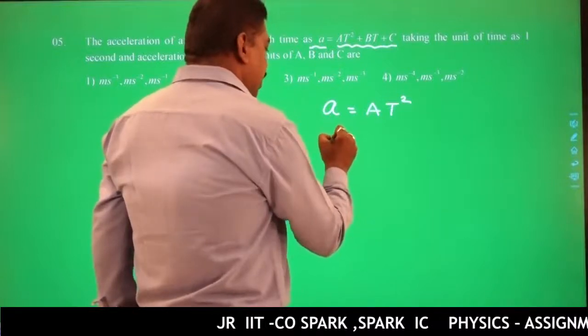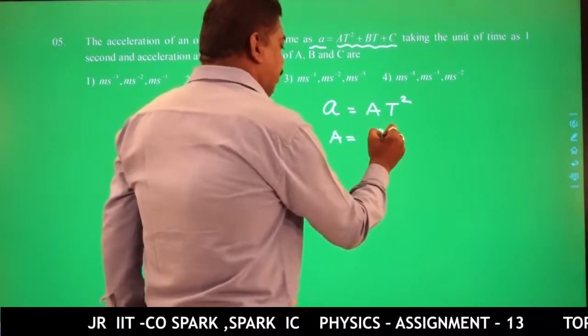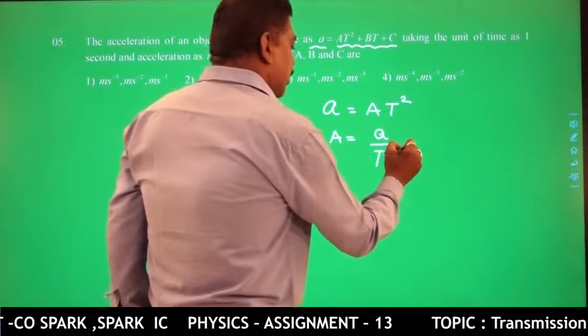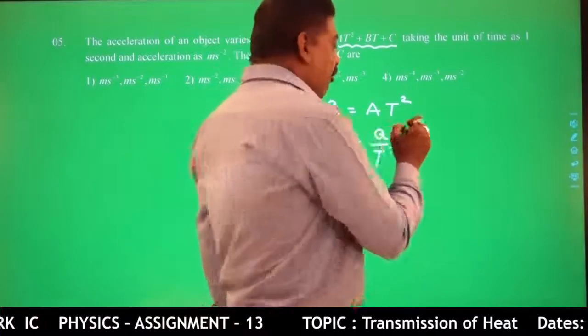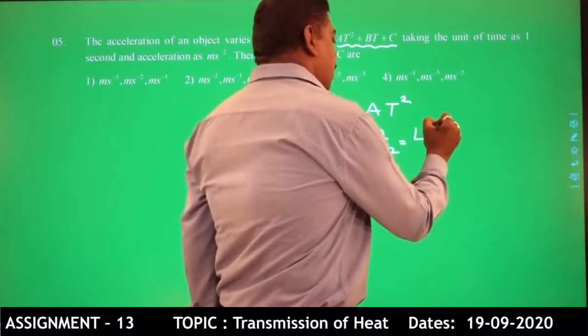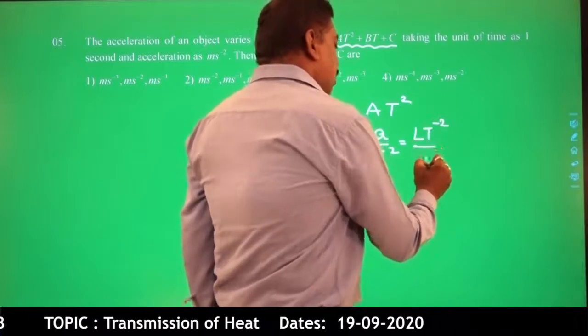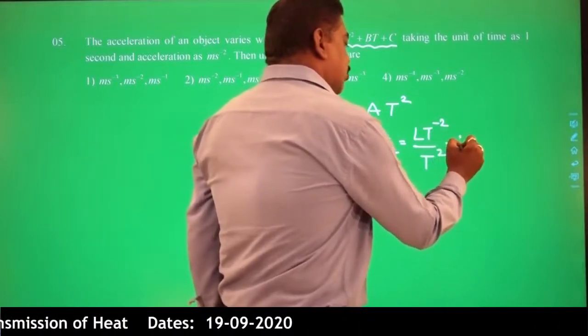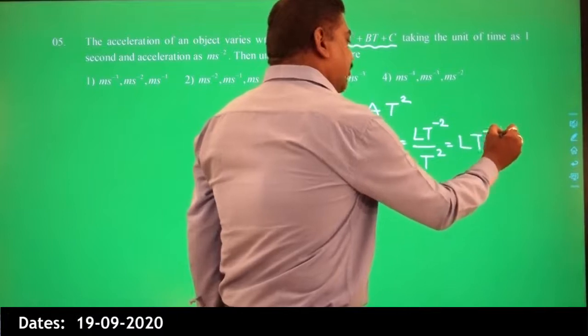Is it clear? Then A is given as a by t square. What is the acceleration dimensional formula? L T power minus 2 divided by T square is equal to L T power minus 4.